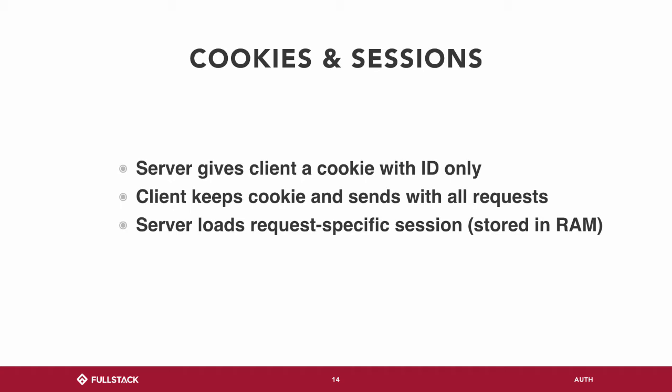And when that request comes in, the server can load specific information, like who the user is, and store this information on the server. So we could imagine there's some sort of hash that maps the ID of the cookie to a particular user. Now, we're not going to have to reinvent everything here. There are modules that we're going to be able to use that will do this for us, but that's what's happening behind the scenes.